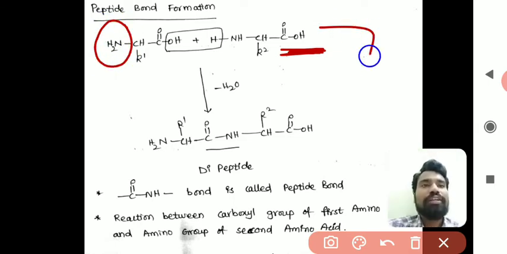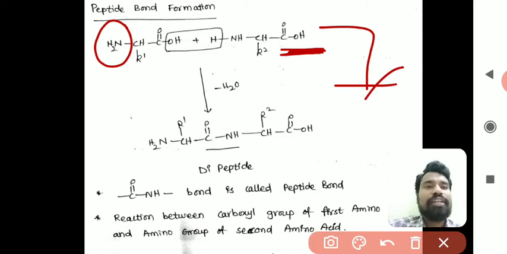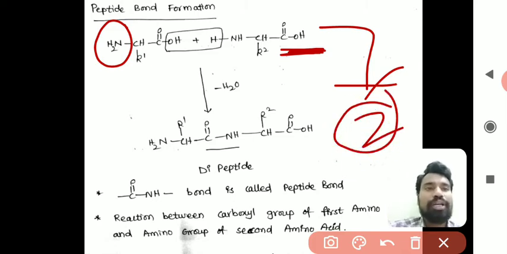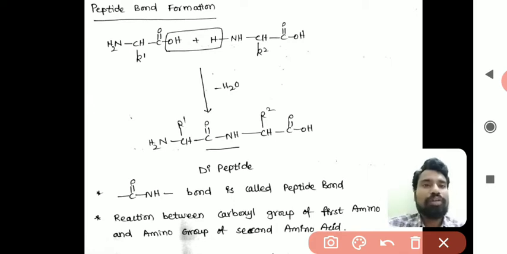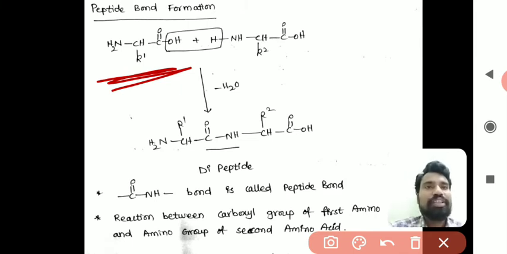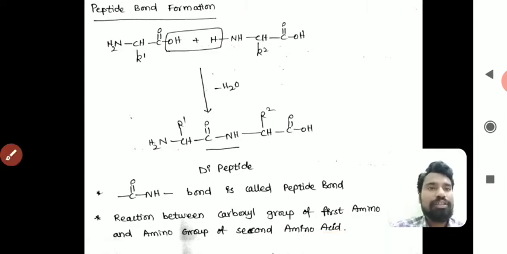Then another dipeptide, a second dipeptide, may also be formed. So that's one of the important things we have to remember: the carboxylic acid group of the first amino acid is reacting with the amino group of the second amino acid. This is the dipeptide formation.